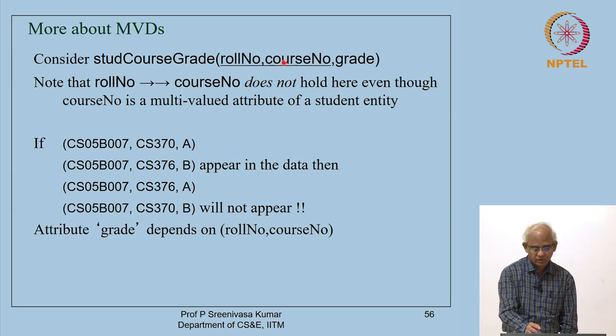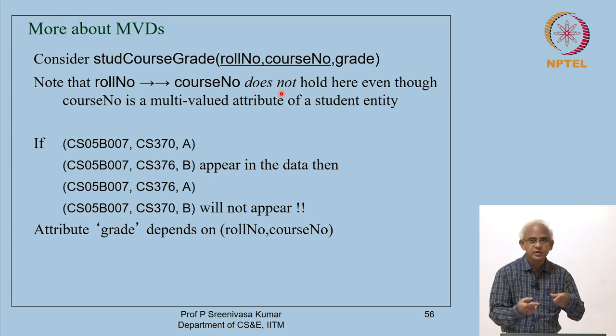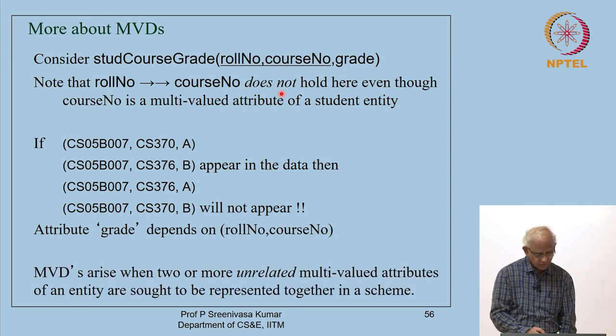So, it is not the single multi-valued attribute that is causing trouble, it is the existence of two independent multi-valued attributes being put together into a relation. So, MVDs arise when two or more unrelated multi-valued attributes of an entity are being represented in a particular relation.